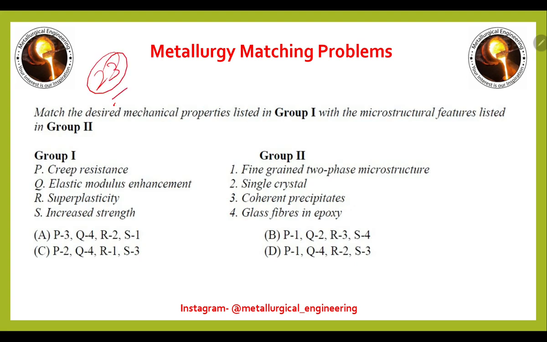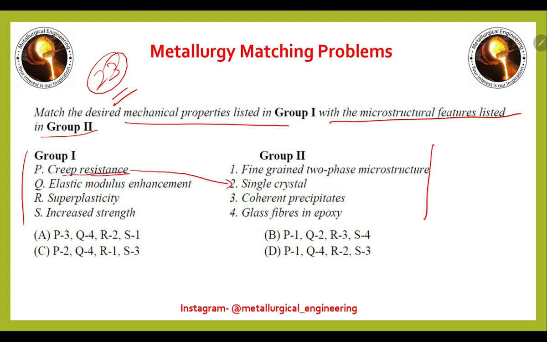The 23rd matching problem: match the desired mechanical properties listed in group 1 with the microstructural features listed in group 2. In this, creep resistance comes from the single crystal, because there is no grain boundary available, so that will give better creep strength or lesser creep rate. Elastic modulus enhancement, glass fibers in epoxy.